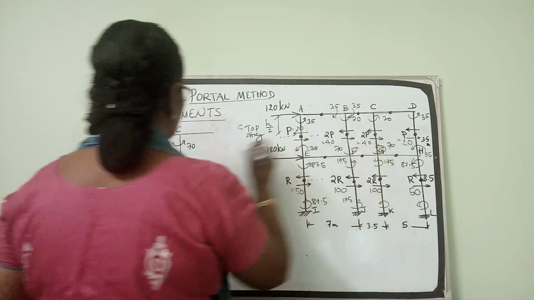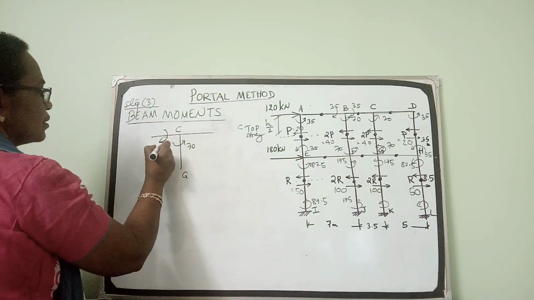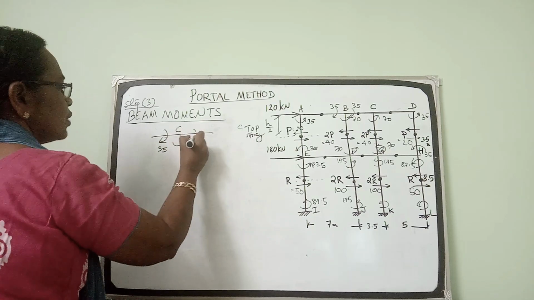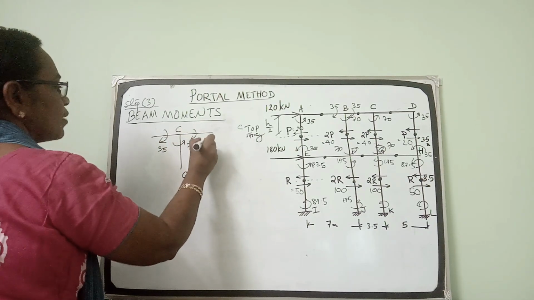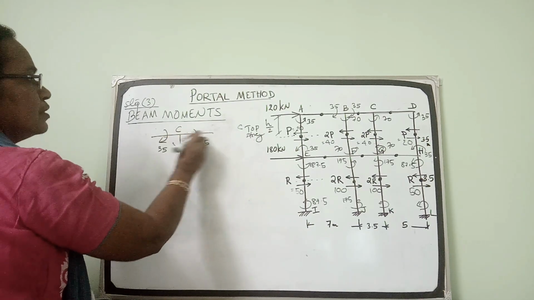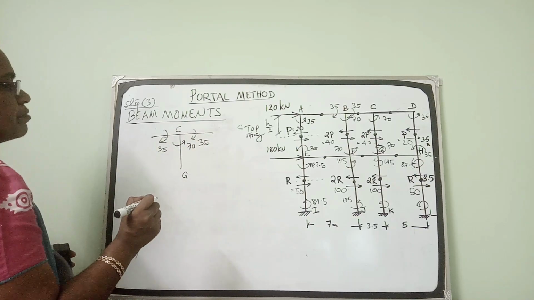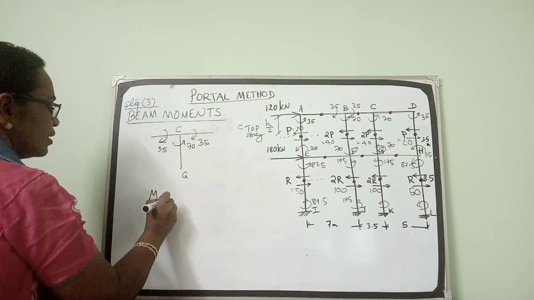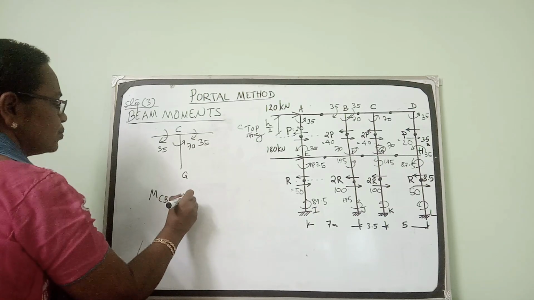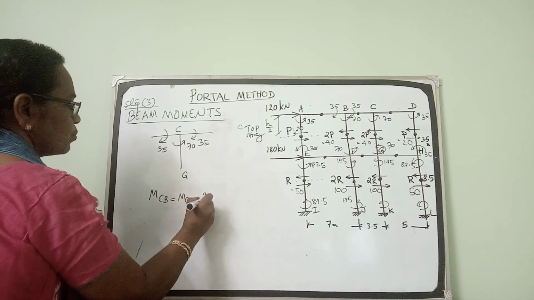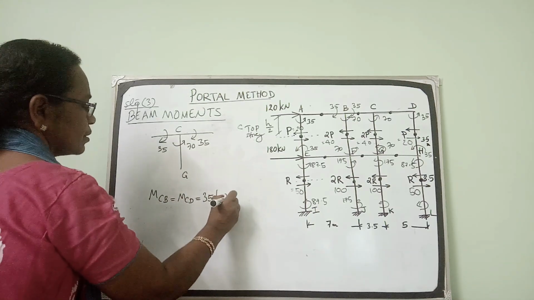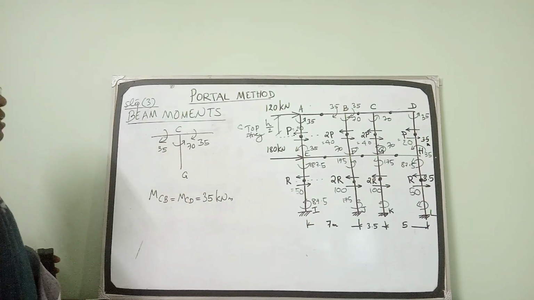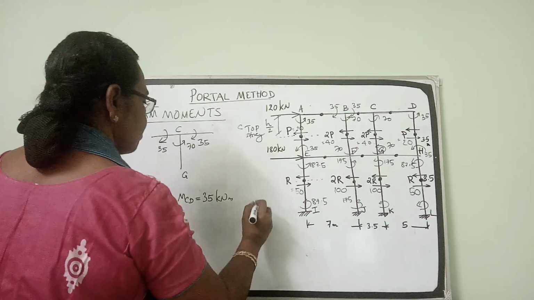So definitely this moment has to be 35 and this should also be 35. The moment 70 is shared by these two beams. MCB is equal to MCD and both will be 35 kilonewton meter.